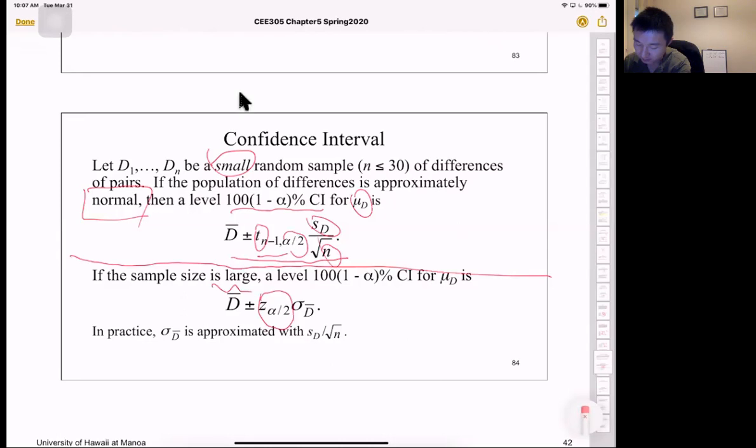Sigma d is the standard deviation of d. Sometimes if we do not know that, we can use the sample standard deviation sd over the square root of the sample size n. So here are two different situations, depending on whether the sample size is large or small.